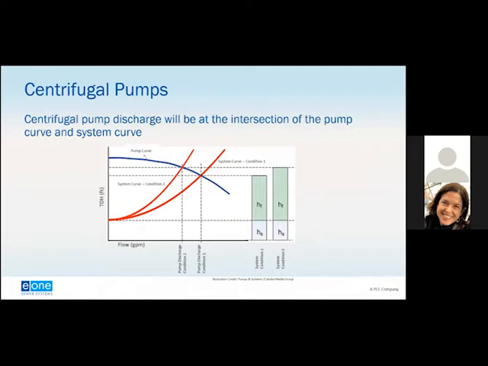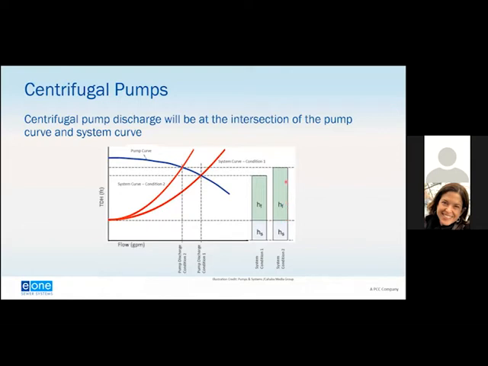So here, when we look at this example of a centrifugal pump, we start with a static lift, which is the gray area. You have your hydraulic lift, but then you have your friction losses. So you can see in this example, under pump condition number 1, this is your system curve on the right-hand side. Now, think in a pressure sewer system, you have multiple pumps operating throughout the time. So every time a pump turns on, it's going to increase the friction losses in the system because you have more flow in the system.